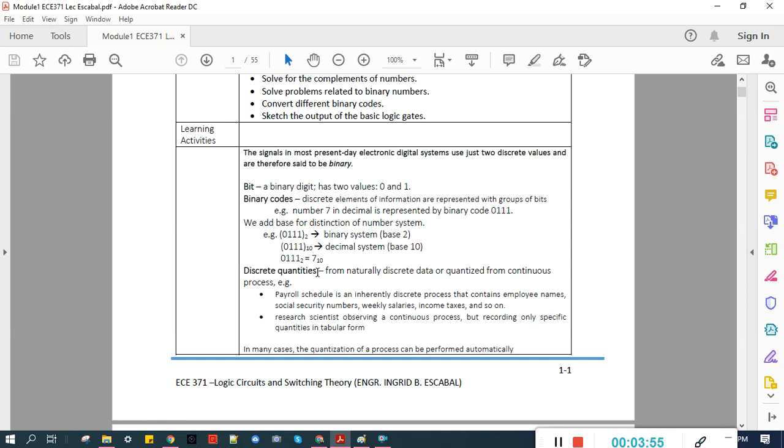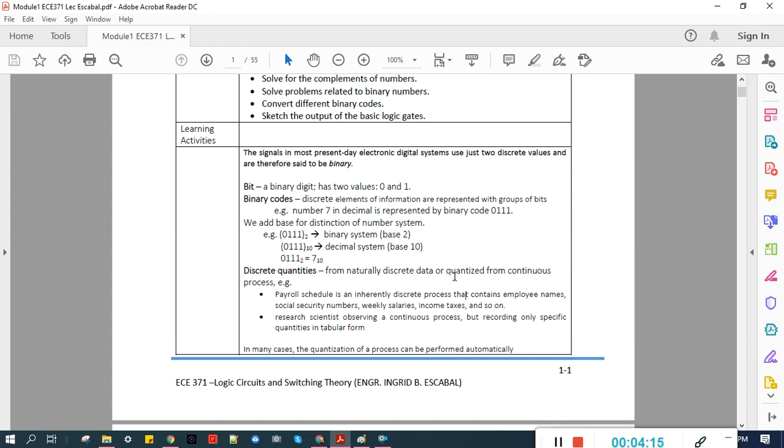Discrete quantities are from naturally discrete data or quantized from continuous process. When we say quantized, what does it mean?